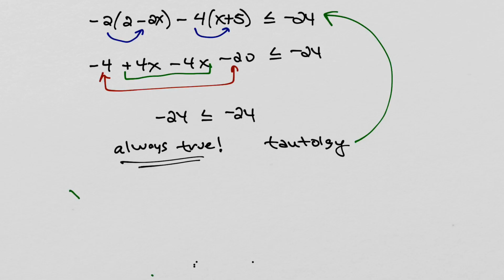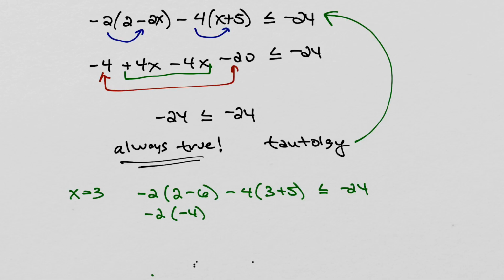Right? For instance, if x equals 3, is this going to work out? Well, I'd have negative 2 times 2 minus 6 minus 4 times 3 plus 5. Is that less than or equal to negative 24? Let's see. That's negative 2 times negative 4 minus 4 times 8.